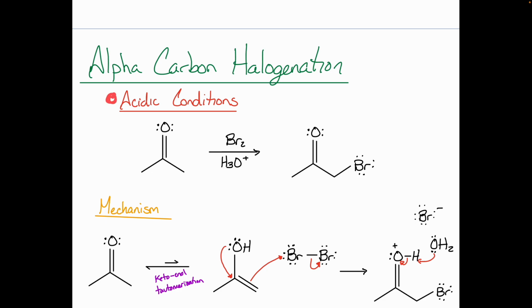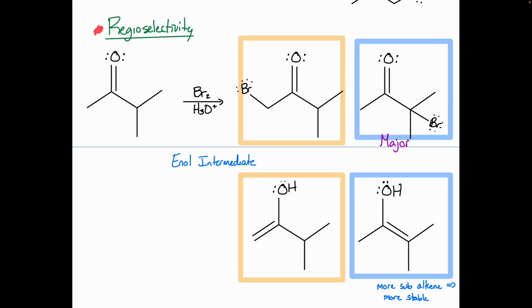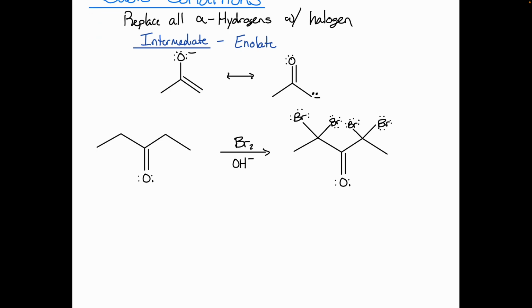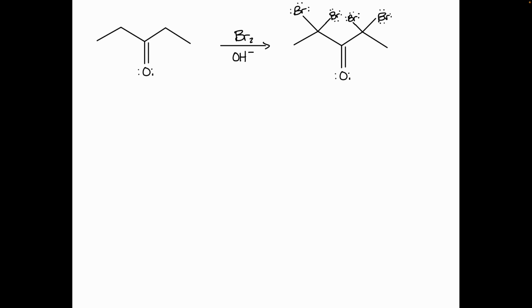We have acidic conditions where we have to keep in mind the regioselectivity of our reactions. Under basic conditions, we're going to see that we fully brominate that alpha carbon, so we replace all of our alpha hydrogens with bromines. All right, and the last one that we're going to look into more specifically is what happens to methyl ketones under these basic conditions.